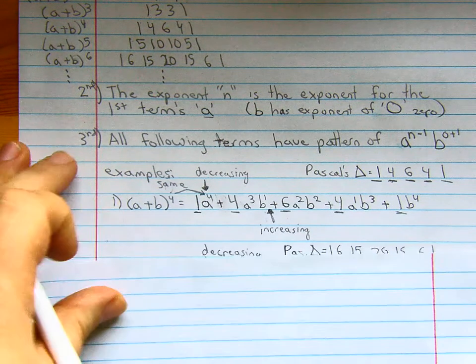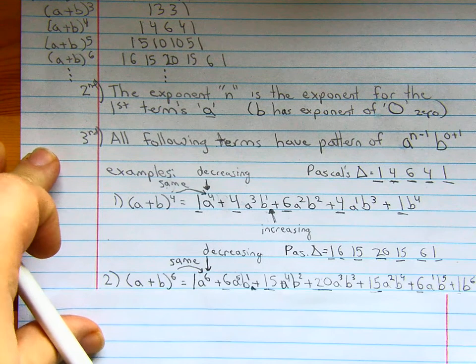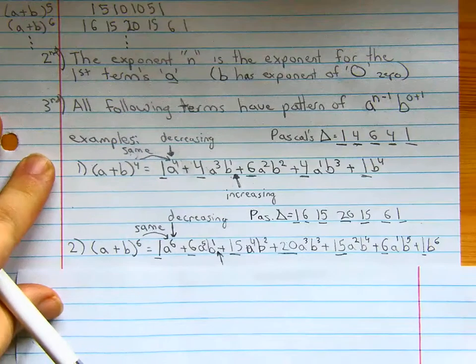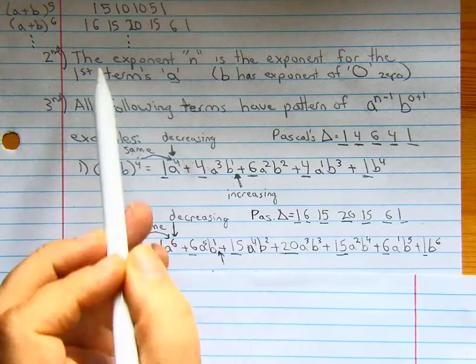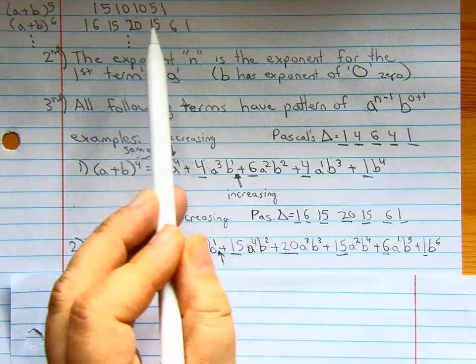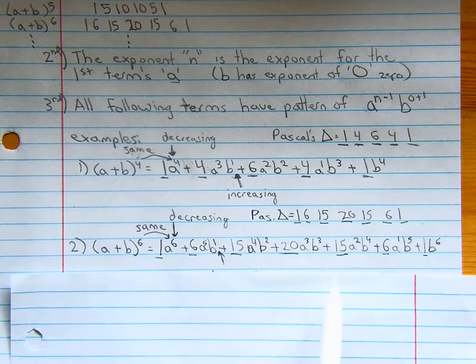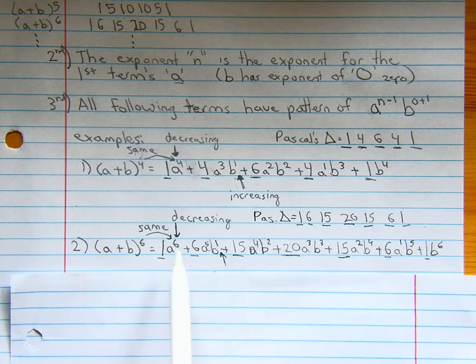So let's look at another example. What if you had it raised to the 6th power? According to the triangle, those will be my coefficients. I'm going to use my exponent here to be my same starting exponent here.